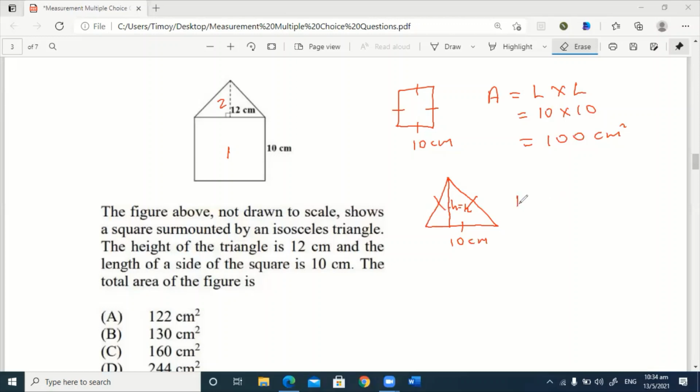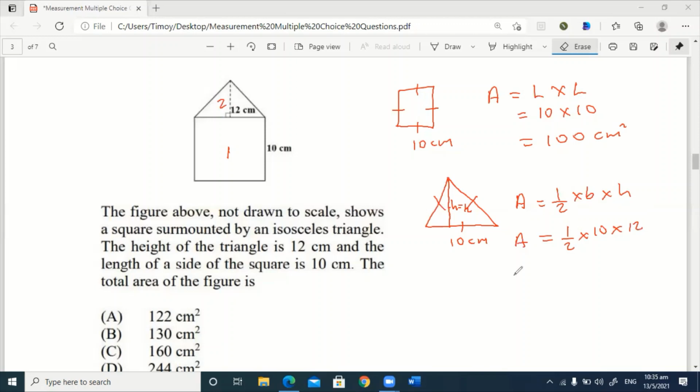The area of a triangle is equal to half times the base times the height, right? So we just substitute these values into the formula. The area is equal to half times the base. What's the base? The base is 10. So it's half times 10 times the height. What's the height here? The height is 12, right?